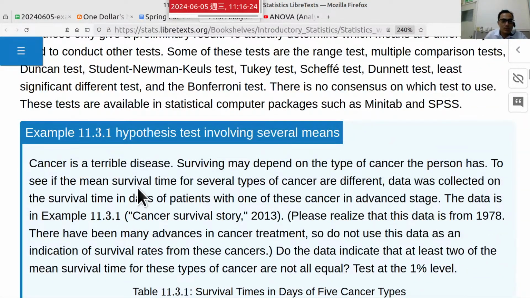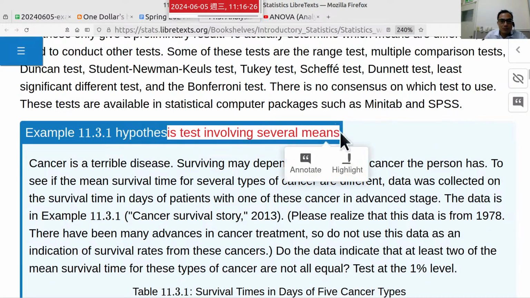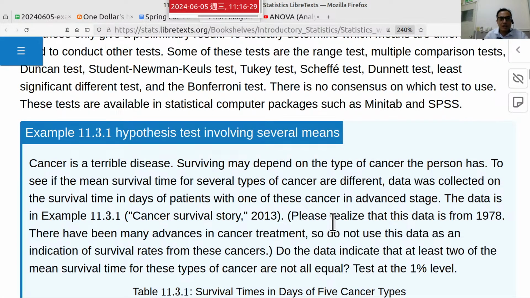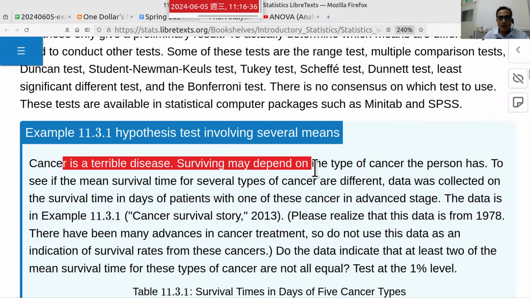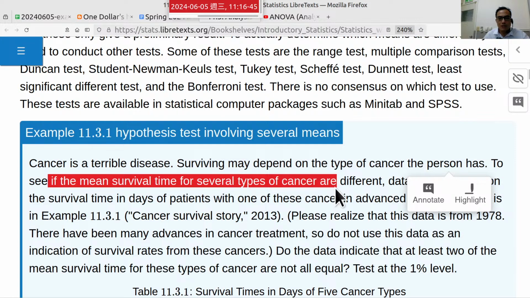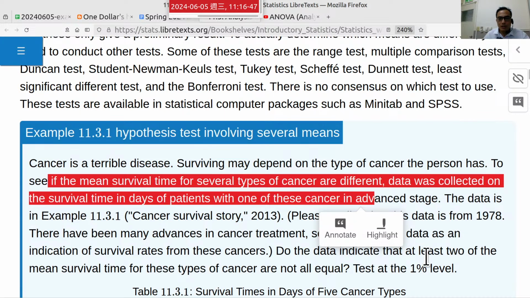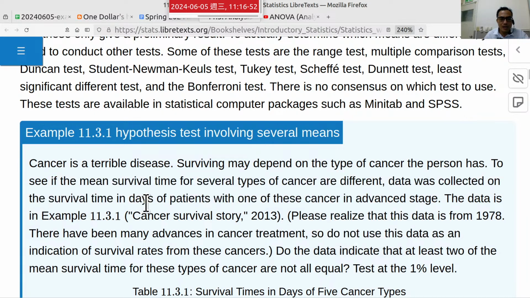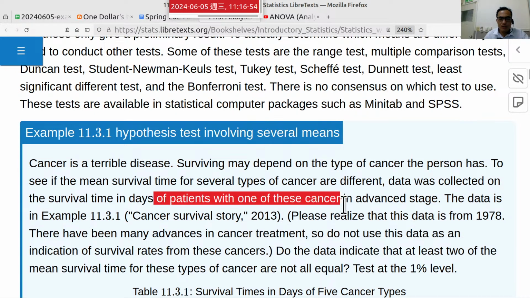Let's check the example. Hypothesis test involving several means. Okay, the question: cancer is a terrible disease. Surviving may depend on the type of cancer the person has. To see if the mean survival times of several types of cancer are different, data was collected on the survival time in days of patients with one of the cancers in advanced stage.